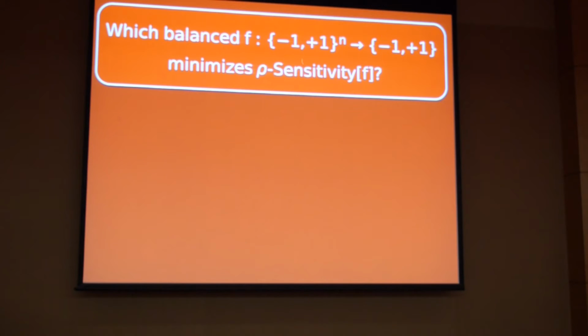Okay, so this brings us back to this problem, which has both a geometric interpretation on the cube and a voting interpretation as well. Now, as I mentioned to you, the answer to this question is not too hard. It's a folklore result that dictatorship functions f minimize this. So if you really want to minimize the effect of the faulty voting machines, you should, I guess, use a dictatorship scheme.